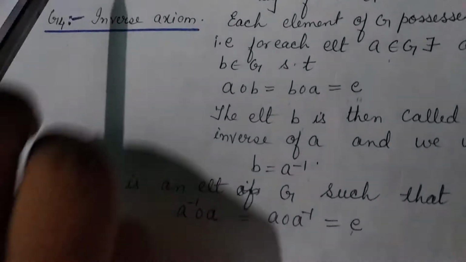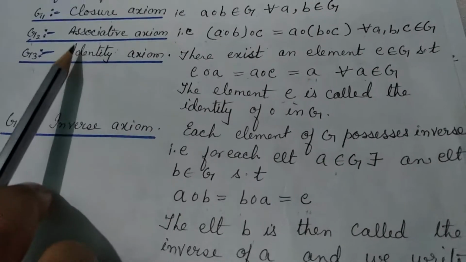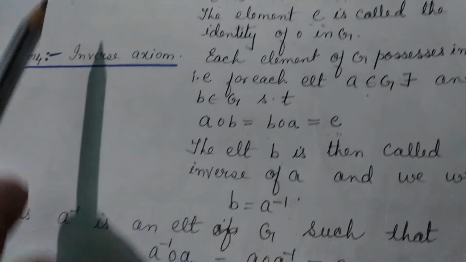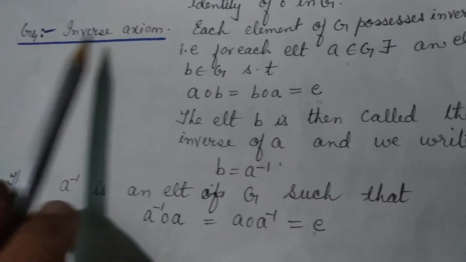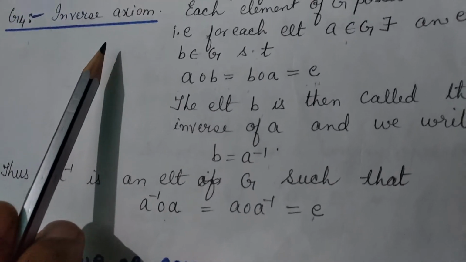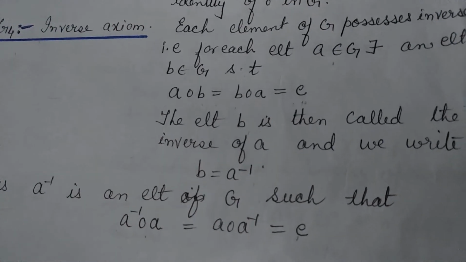So, if these four axioms, that is the closure axiom, associative axiom, existence of identity axiom, and existence of inverse axiom are satisfied, then (G, o) is a group.